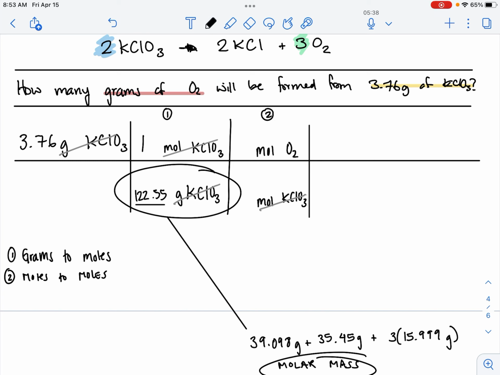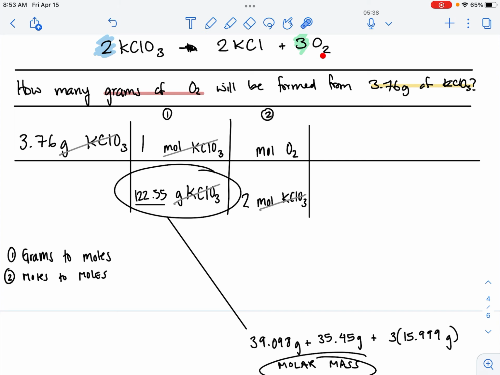This second step is called the moles to moles conversion. In this second step, that's the only step where you use the equation and the balanced numbers, the coefficients. The way that you use them is you look for the coefficient, and that's the number that will go here. So 2, because in front of KClO3 I have a 2.